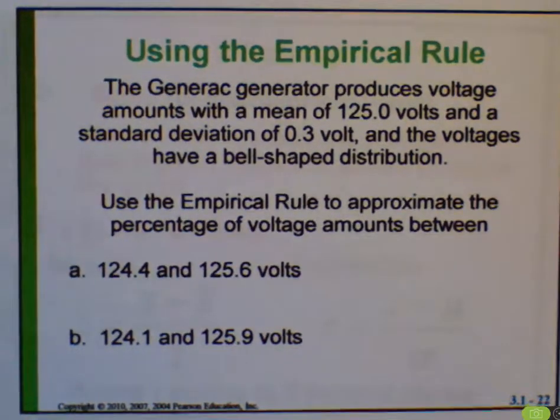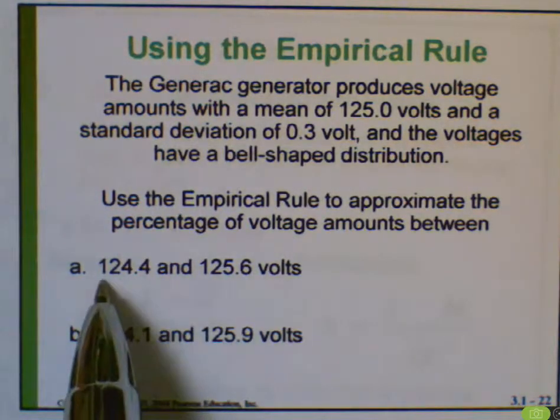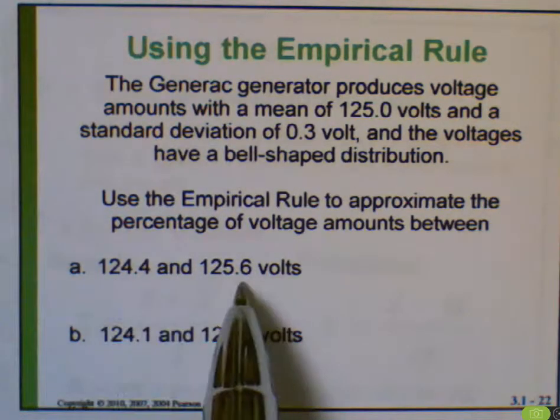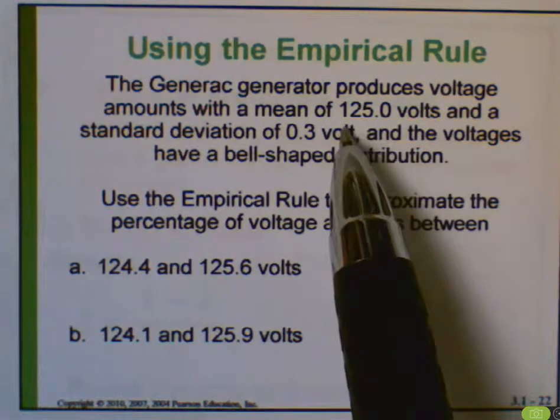Let's use the empirical rule to estimate a percentage of generators that generate between these two specific voltages. This is based on the Generac generator, which produces voltage amounts with a mean of 125 volts.